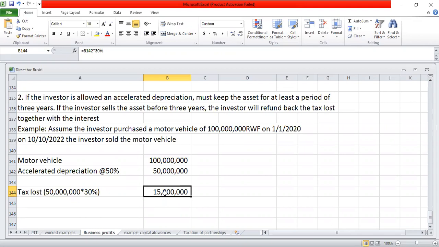What I'm thinking is that the allowance is given when you are computing the tax, not when you purchase the asset. So it means the allowance was given on 31st March 2021.